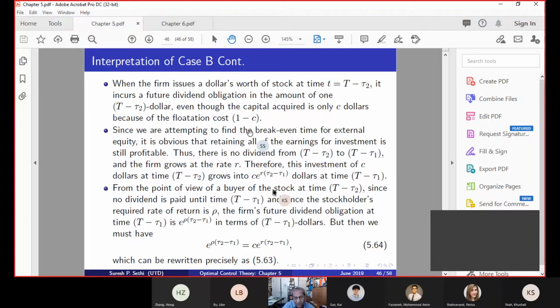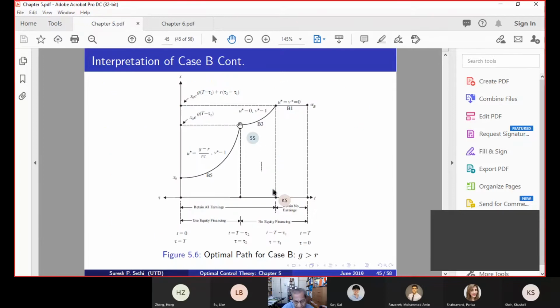Since we are attempting to find the break-even time for external equity, it is obvious that retaining all of the earnings for investment is still profitable. What I'm trying to say is that if I am defining the indifference between a new stock and not a new stock, then it is clear that I will retain all of my earnings.